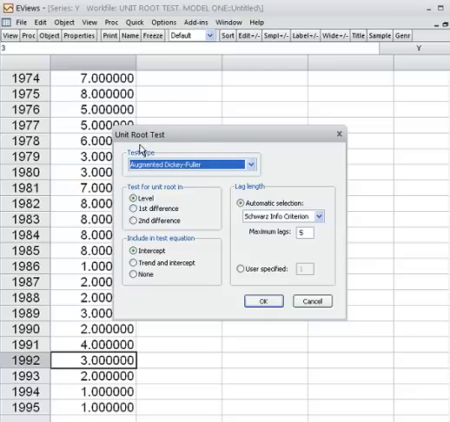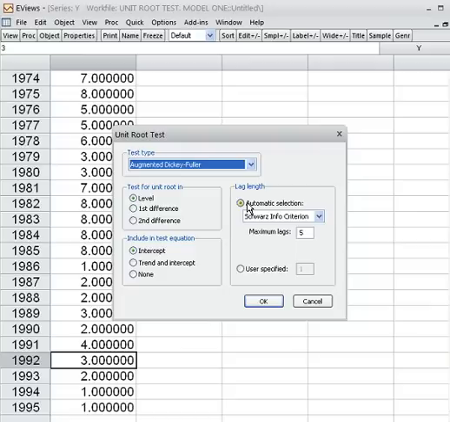So it is already here, and the lag length, that means this augmented Dickey-Fuller must have a lag length. It can be lag 1, lag 2, lag 3. So we suggest automatic selection, right?